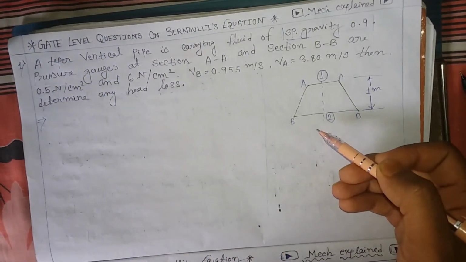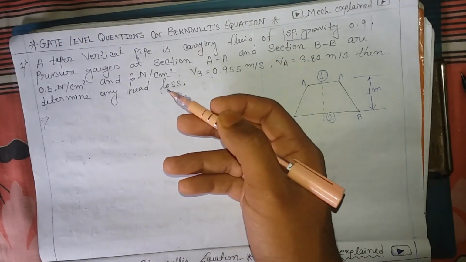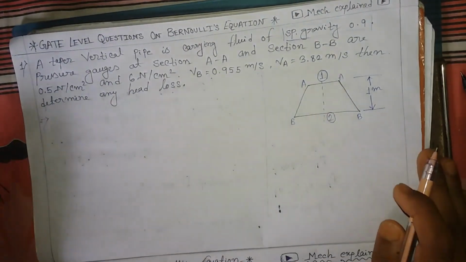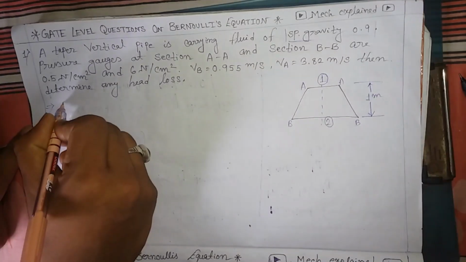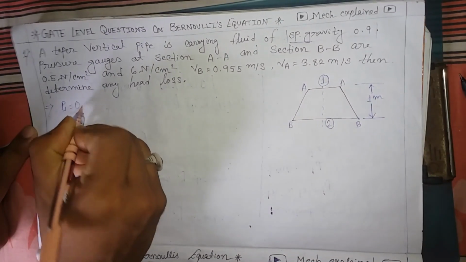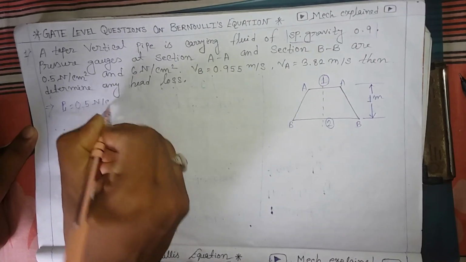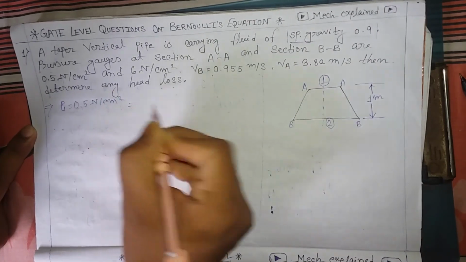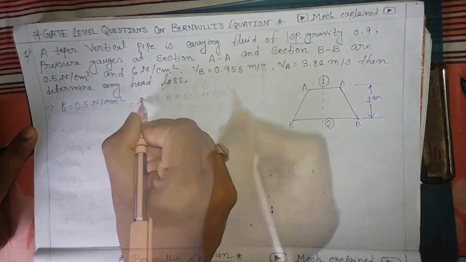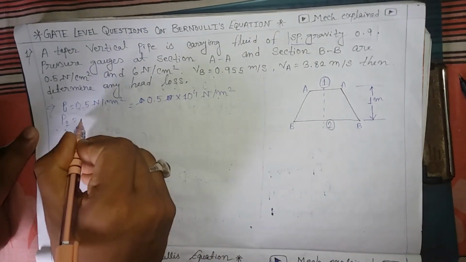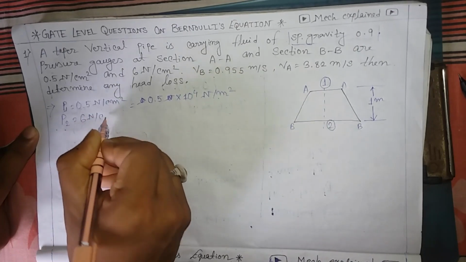By seeing the diagram and reading the question, we can use Bernoulli's equation. P1 equals 0.5 Newton per centimeter square. These are in meters, so we will convert it into meter square. P2 equals 6 Newton per centimeter square.